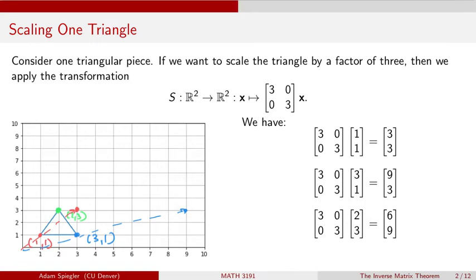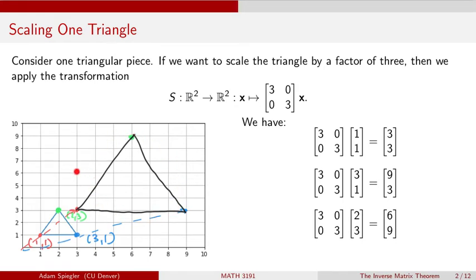So here's 6 over, 9 up. So now our resulting triangle would just be the lines that we use to connect these vertices. So that was going to take this triangle over here, and it's going to expand it to make it 3 times as large. So that looks like something like this.